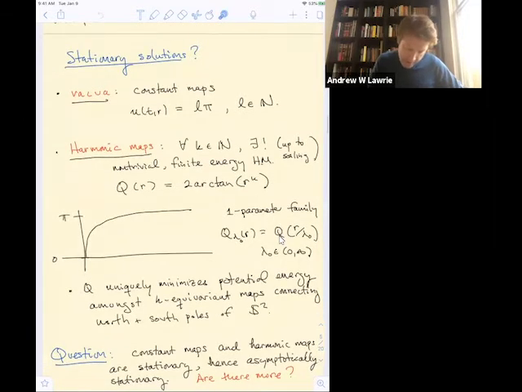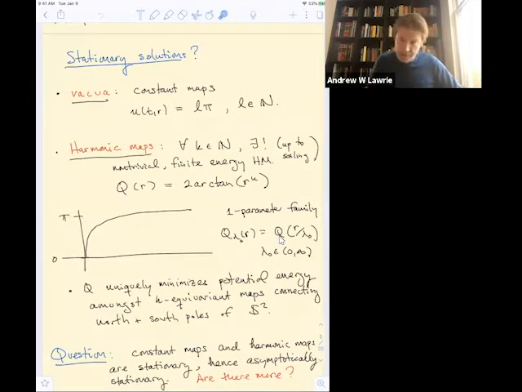But again, I'm going to study just in these coordinates. So in this setting, Q starts at 0 as r tends to 0, and as r tends to infinity, Q tends to pi. And I obtain a one-parameter family of harmonic maps by rescaling in each equivariance class.